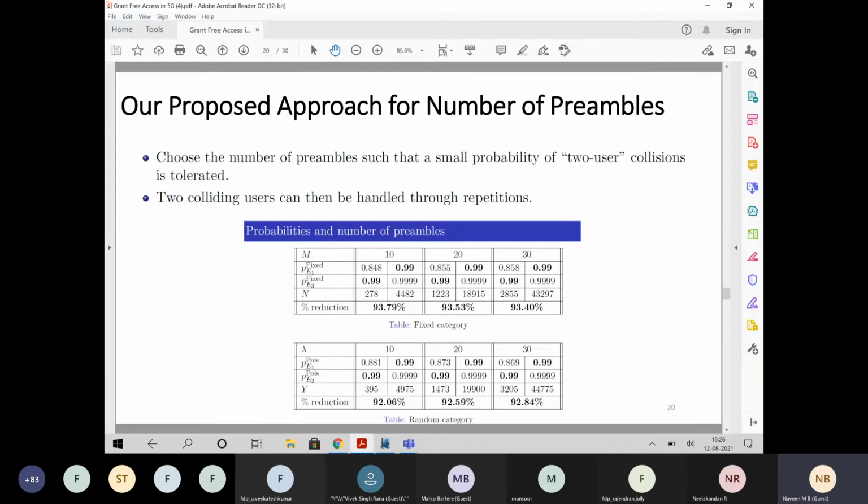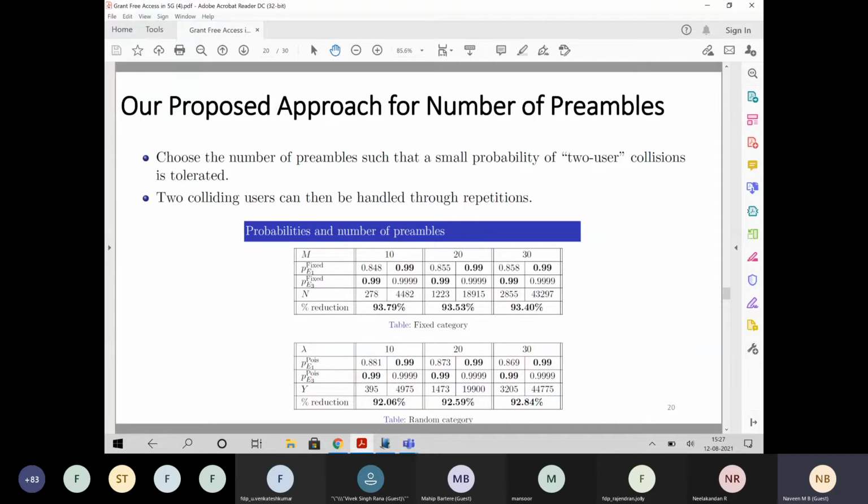Instead of all users being successful 99% of the time, let's allow at most 2 users to fail. Allow some users to fail, but we'll cap them at 2. If we set that to 99%, that is 99% of the time, all but 2 users are successful.